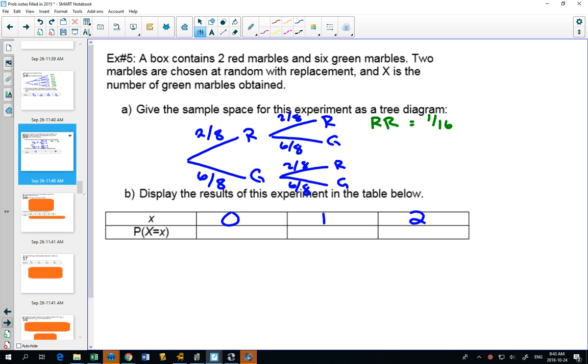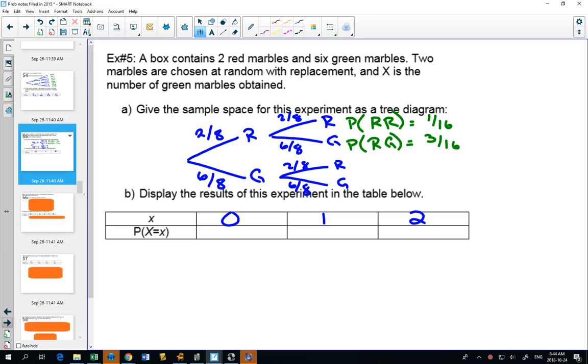So I took both of those fractions, reduced them to 1 over 4. 1 over 4 times 1 over 4 would be 1 over 16. The next two branches, 1 over 4 times 3 over 4. So red-green's probability, I should write this in proper notation, probability of red-green would be 3 out of 16.